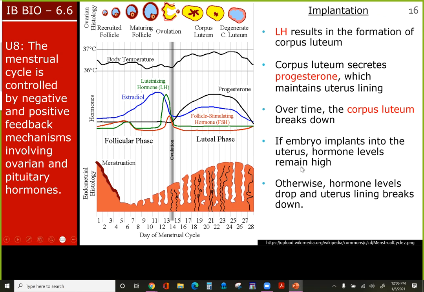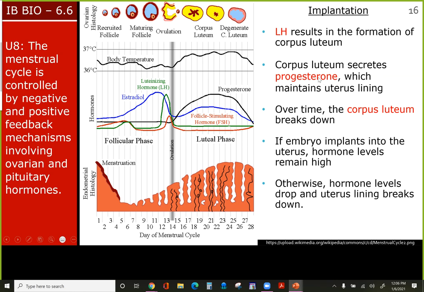Now, assuming that the egg is fertilized, that luteinizing hormone results in the formation of that corpus luteum. That's the structure that's left over after the egg is released. That corpus luteum is actually responsible for secreting progesterone.